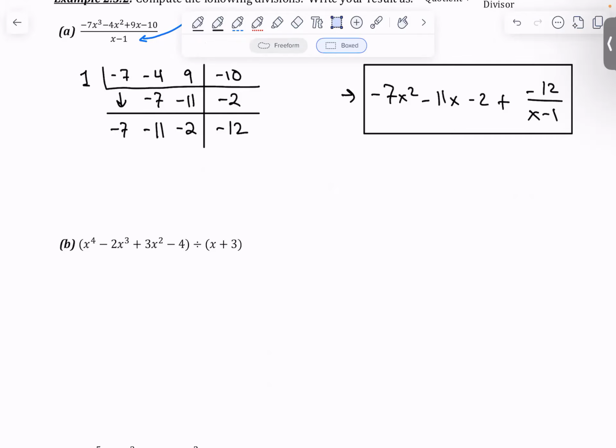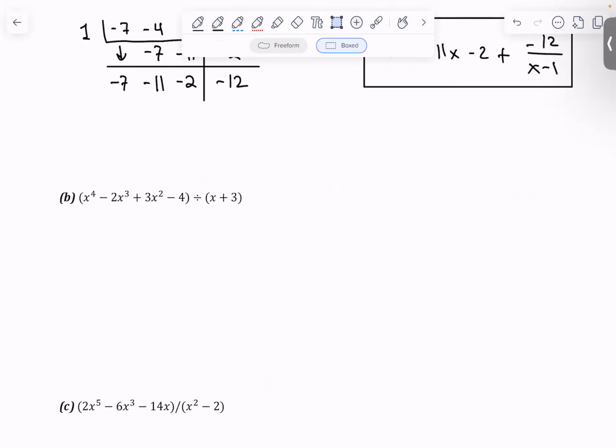So don't blow it off. Don't think that you're never going to use it. You will. It's very important. It's everywhere. Okay. Any questions? So in short, the reason why synthetic division is faster is because you're just bypassing writing the variables.